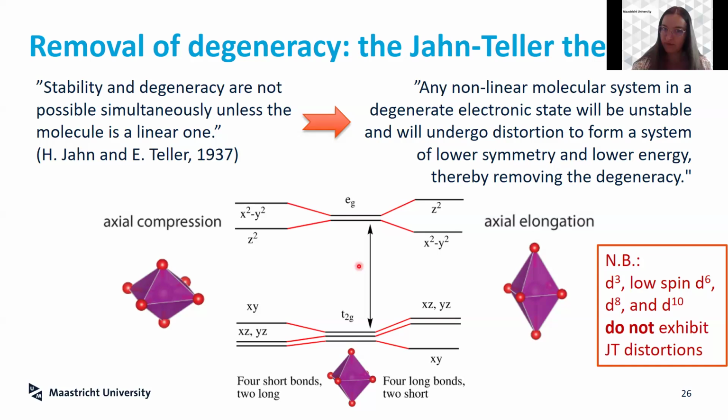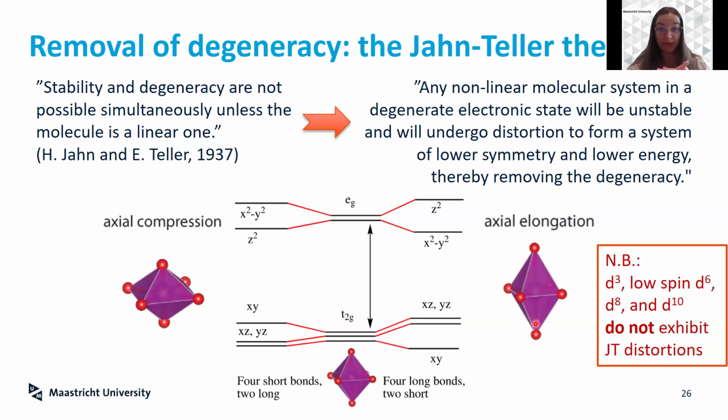It's not 5, but it's still not completely separated. If you distort the geometry, so instead of having all bonds equal, you elongate on the z direction, then suddenly you're going to have a split of things.